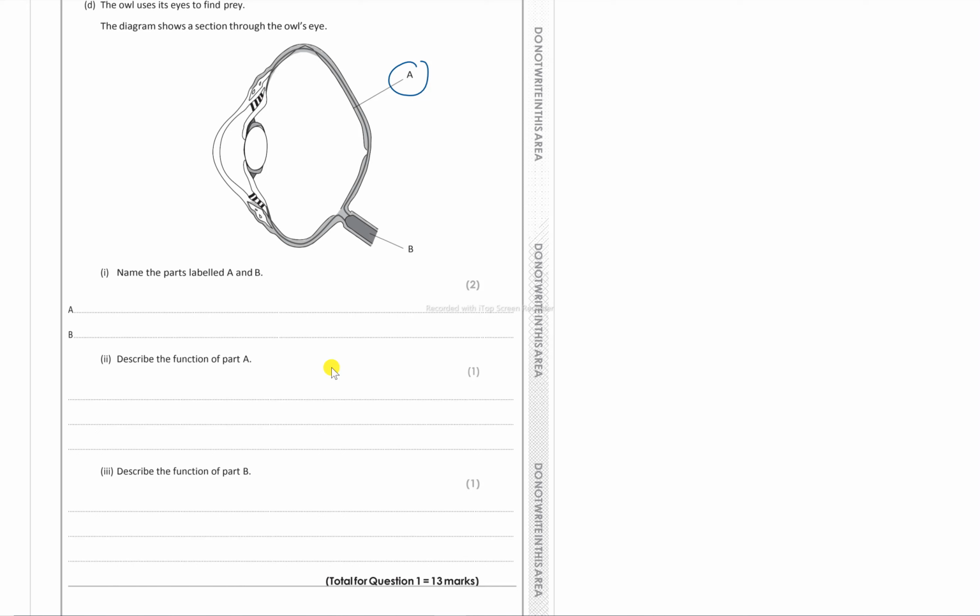So the A part is the retina, and all those signals that are detected, all the light stimulus that's detected, they all bundle together to form the optic nerve. And what happens to the optic nerve? It heads off to the brain to be processed, so your brain can make sense of it.